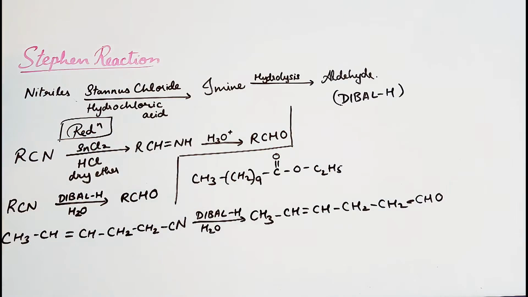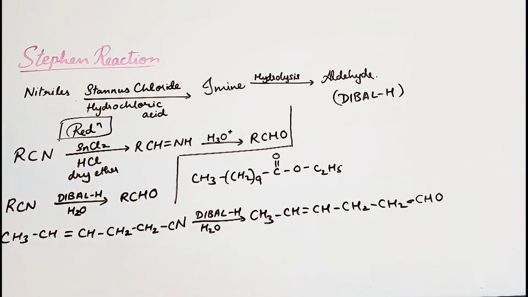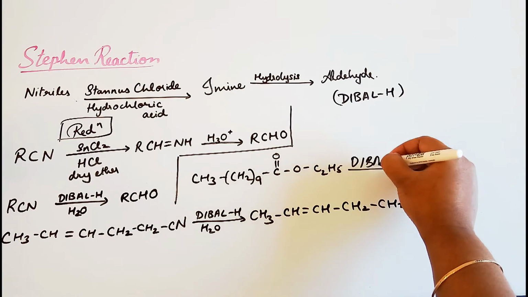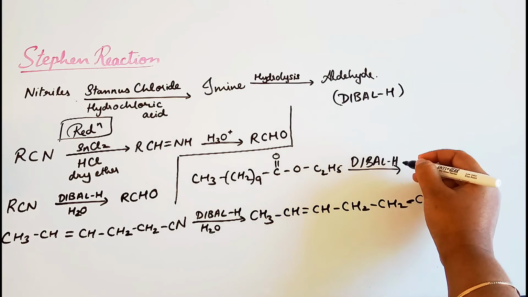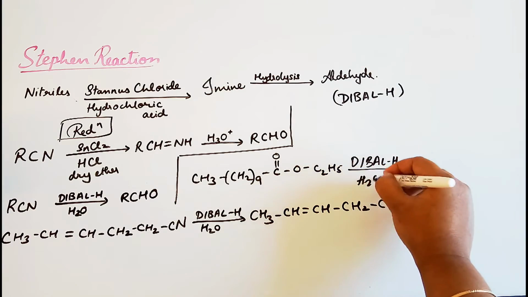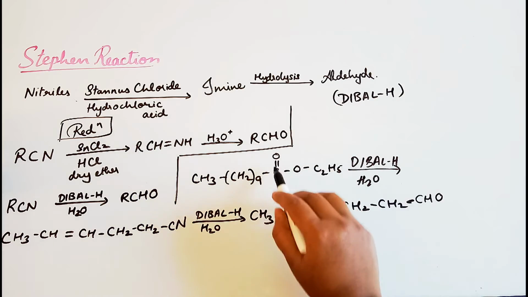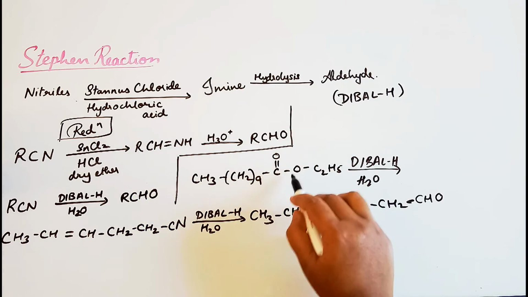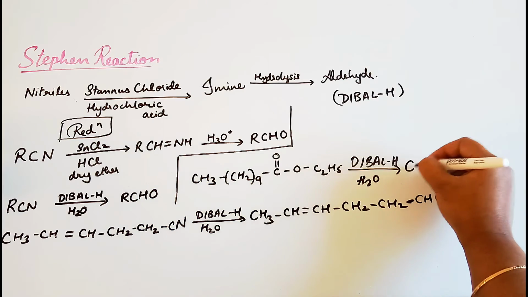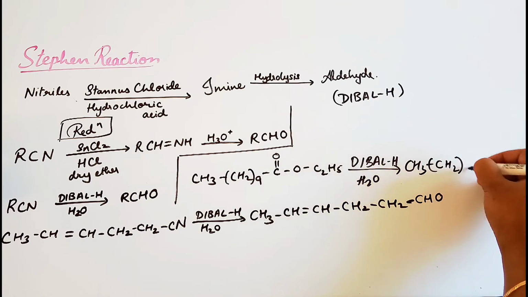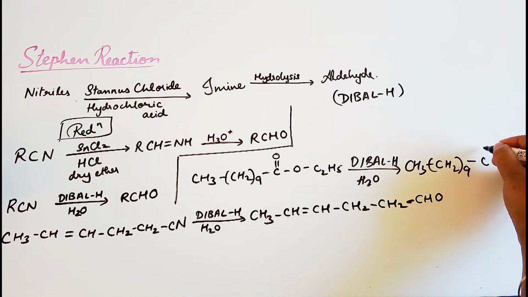Now this is going to undergo reduction with DIBAL-H followed by hydrolysis. The C2H5 will get removed and we'll only have CO, and instead of O we'll be having an H. So that's CH3(CH2)9COH.